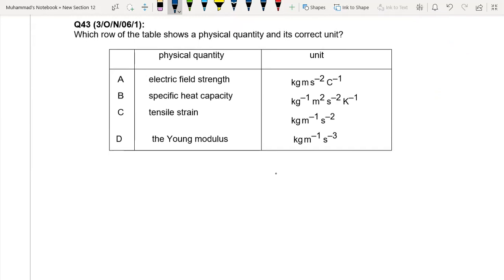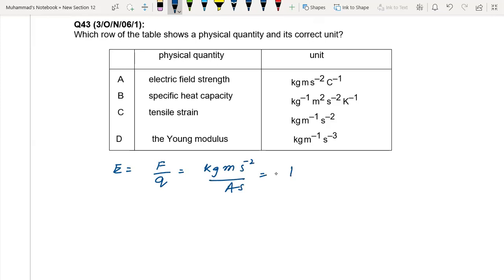43. Which row of the table shows a physical quantity and its correct unit? Okay. Electric field strength, you know that electric field strength is force per unit charge. So we have to work with SI base units. So force is kg m s minus 2, charge is ampere second.